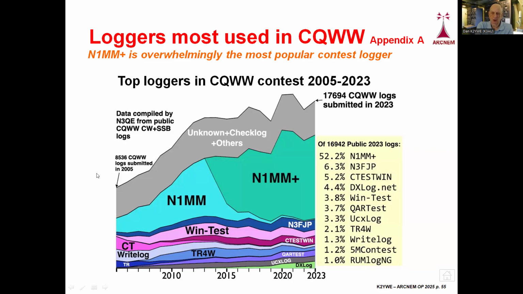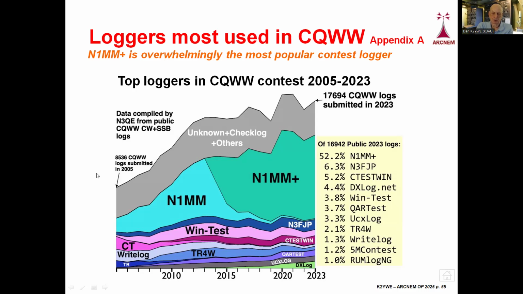You just go to the contest authority and they have all this information. So this is what Tim put together, and it shows you how things have changed over time. N1MM and N1MM Plus are the same thing. Plus is just the upgrade where Tom changed the way the program was structured. So that's why you see that.